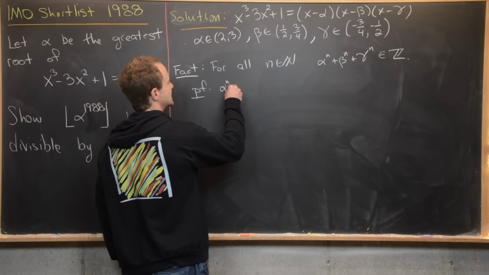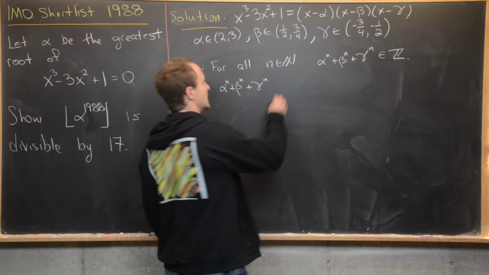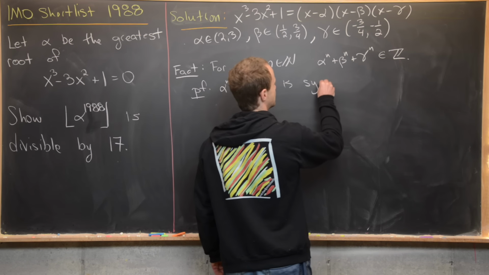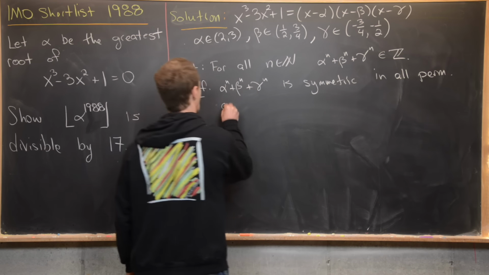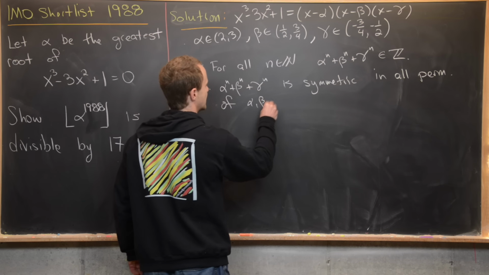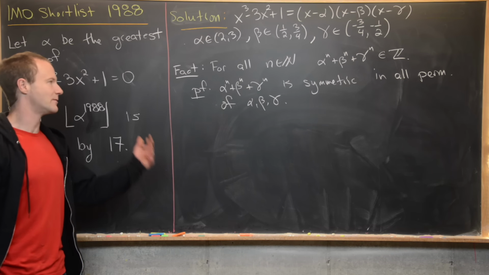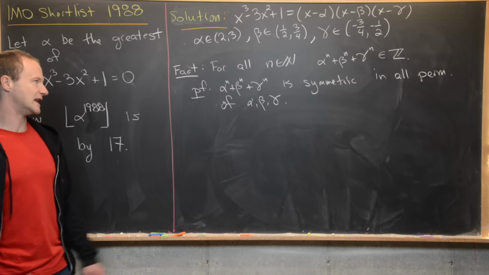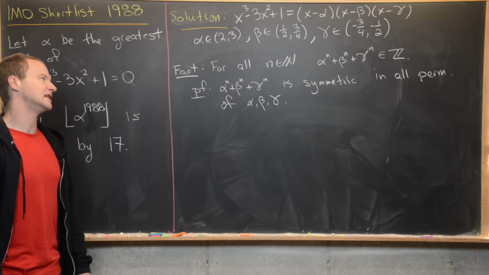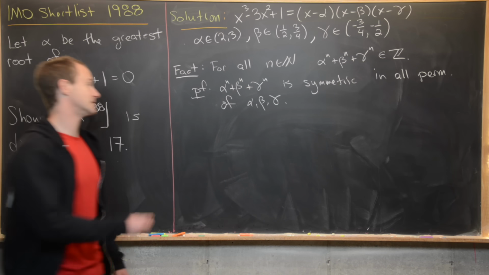So now why? Maybe let's do just a little proof of this. So notice alpha to the n plus beta to the n plus gamma to the n is symmetric in all permutations of alpha, beta, gamma. So if we switch alpha with beta with gamma, any way that we shuffle around alpha, beta, and gamma, alpha to the n plus beta to the n plus gamma to the n will remain unchanged. So that's easy to see.